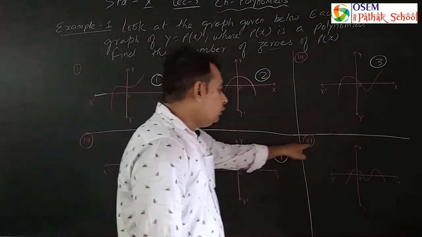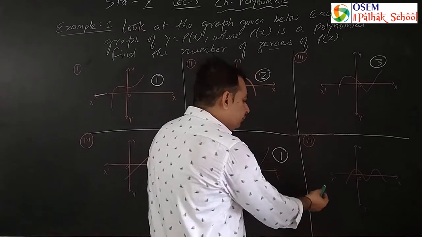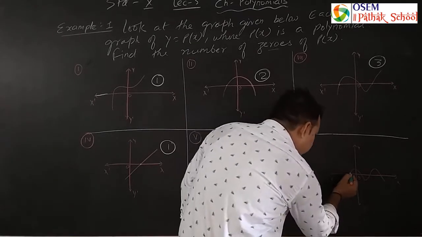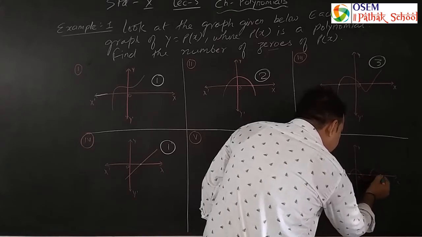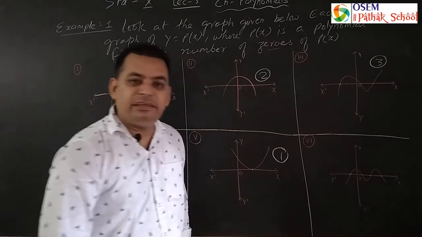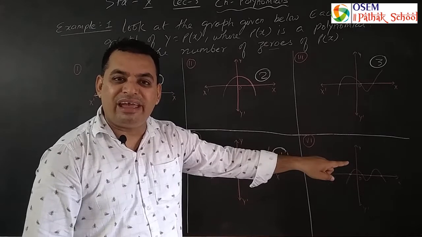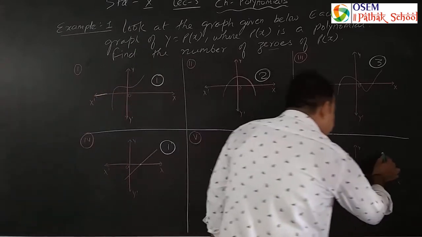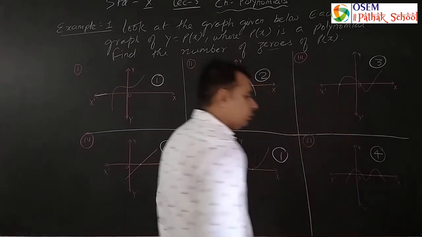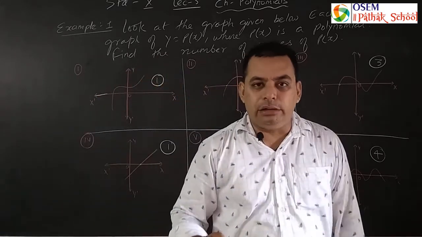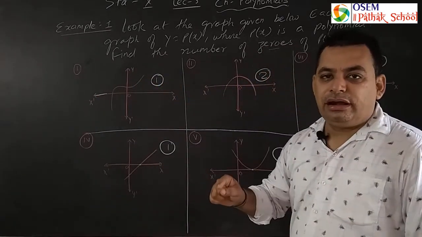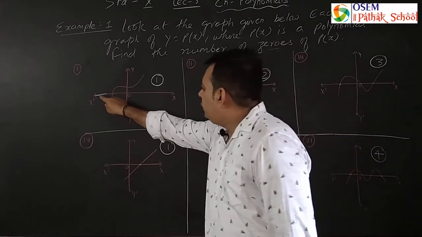And now in question number 6, you can see it intersects over here as 1, then 2, then 3 and 4. At 4 places this graph intersects the x-axis. So the answer will be 4. Hope you have understood this topic. You have to see the graph and pick where it intersects the x-axis.